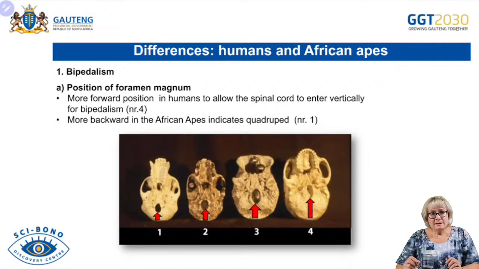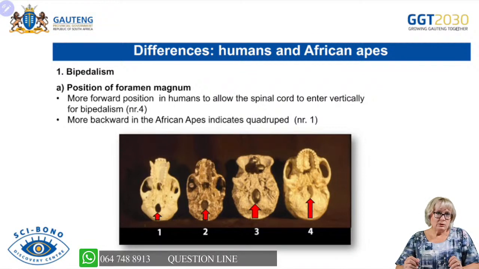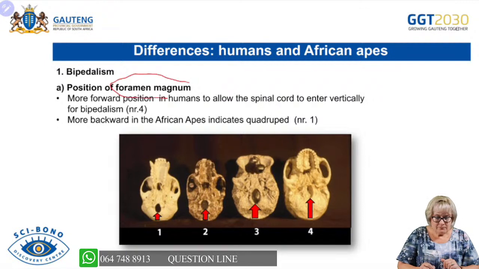The first one is when you're going to study the differences between African apes and humans, you're going to look at bipedalism. Now, what is bipedalism? Bi means two. So it means it's animals that walk on two limbs, like us. We are bipedal. Now, what is important here is to look at the position of the foramen magnum.